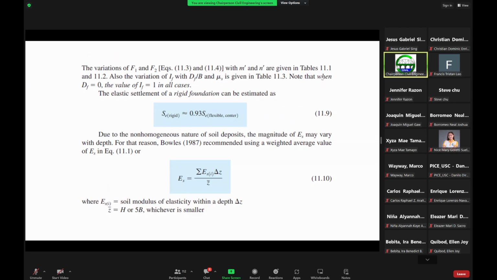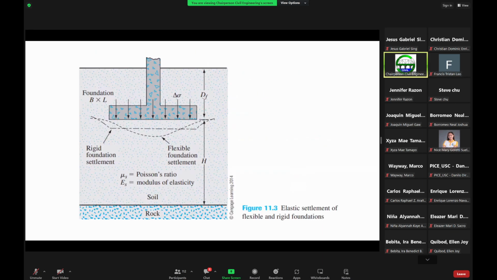Okay, so here there's a note that when the embedment depth is zero, that means the foundation is on the ground surface. So if d sub f is zero, that means the bottom of the foundation is on the surface, which is not normally done.